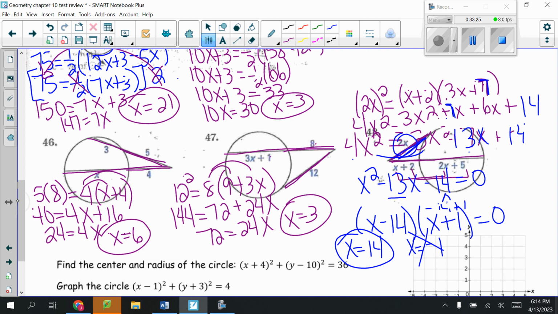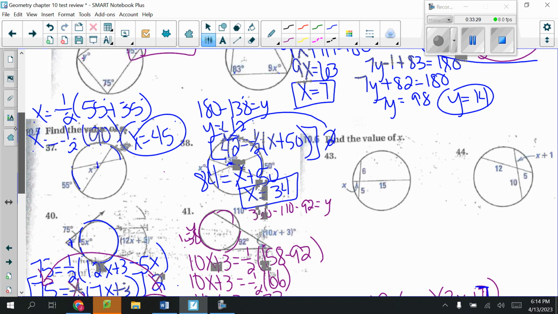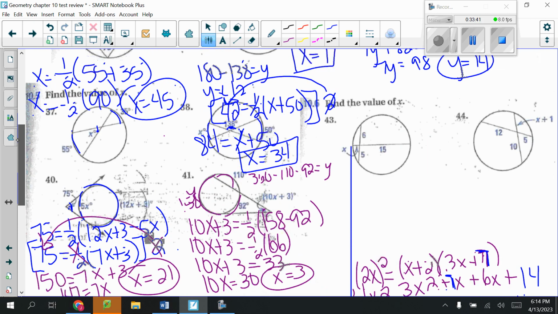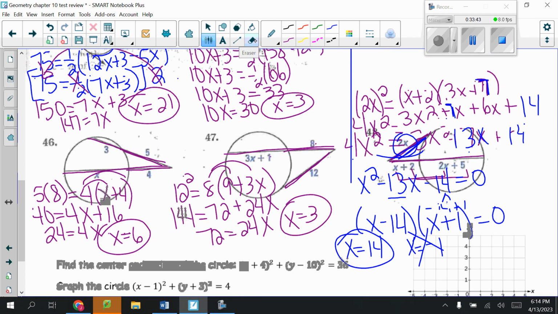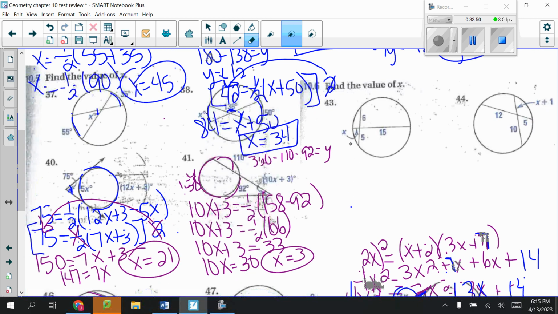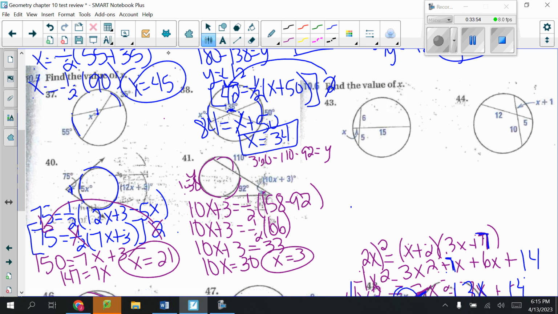All right, I'm going to scroll back up and do these two for section 10.6. So I have 2 chords inside. For the chords, I multiply each part of the chord together.